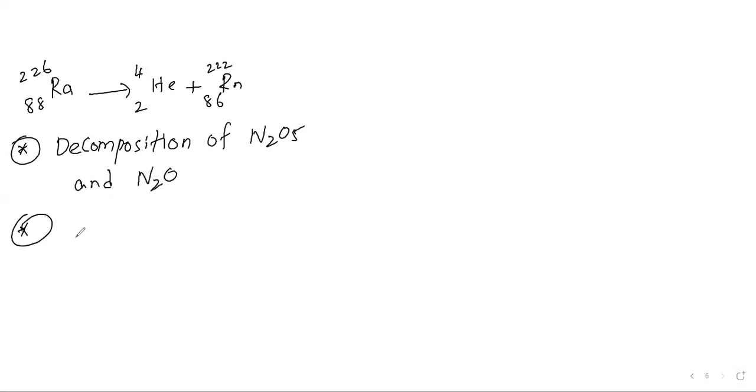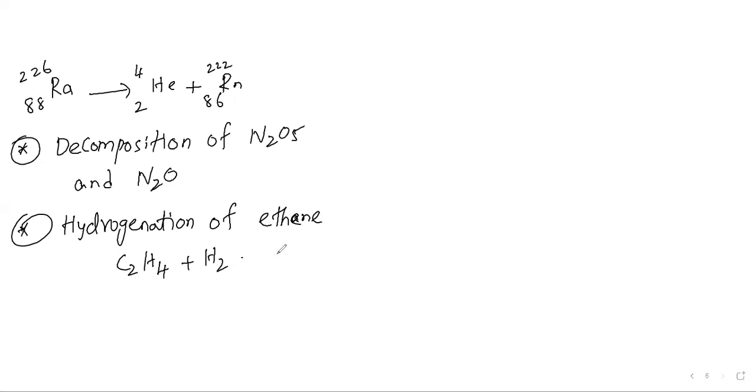We have one more example, hydrogenation of ethene: C2H4 plus H2 gives C2H6, where the rate of the reaction is proportional to C2H4 power 1.